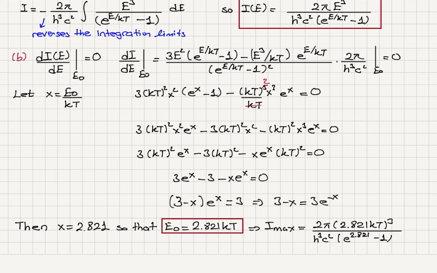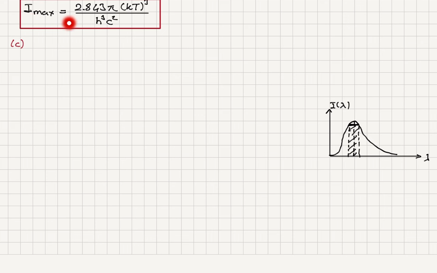And solving this by doing the substitution x equal to E0 over kT, we find that x should be 2.821, which means the maximum intensity is for the energy 2.821 kT, and if we substitute that into this intensity, we obtain the maximum possible intensity as a function of temperature, 2.843 pi kT cubed over h cubed c squared.